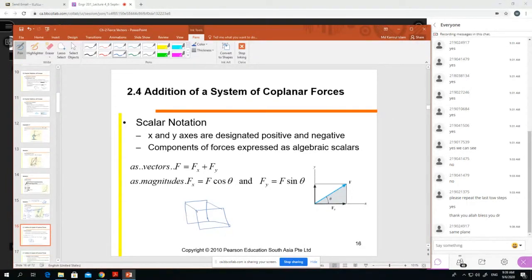Okay. So this is some kind of box or something. Now we have some forces working in this plane. Here one force is working, here another force is working, here another force is working.